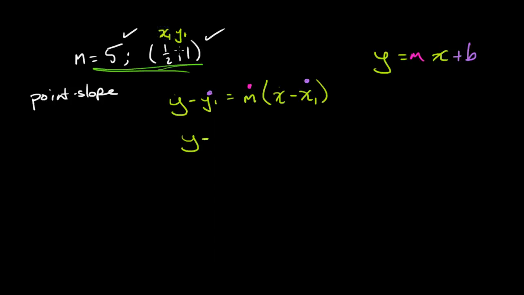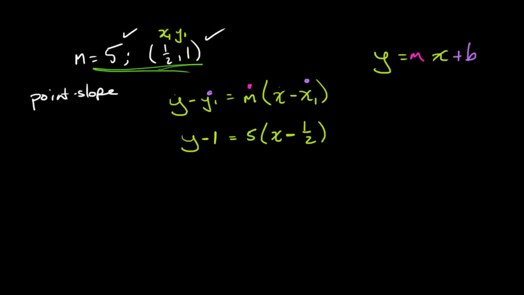Usually when I write this equation, I say the generalized y minus a specific y is the slope times the quantity of the generalized x minus the specific x, and these are the specific x and y values here. So our specific y here is 1, so we'll put a 1 there, equals our slope is 5 times that generalized x minus the 1/2 here for our specific x.